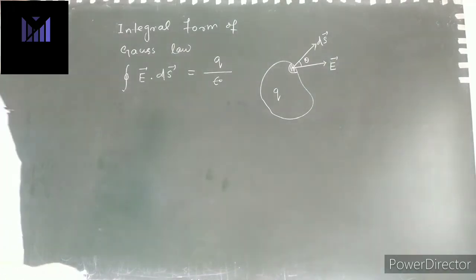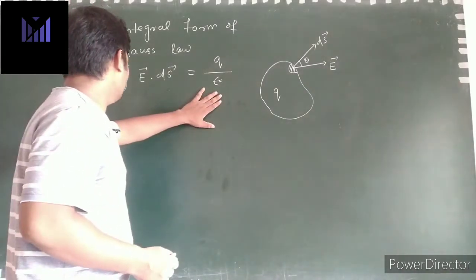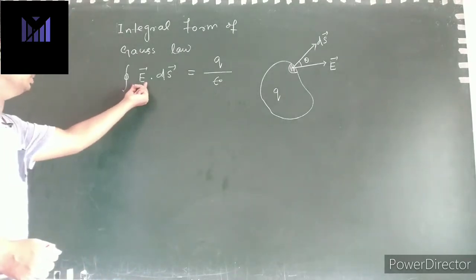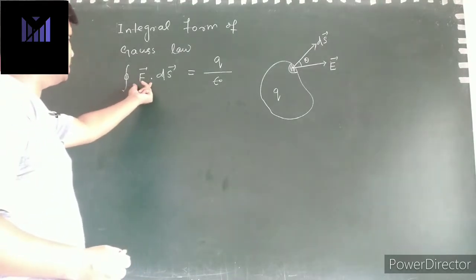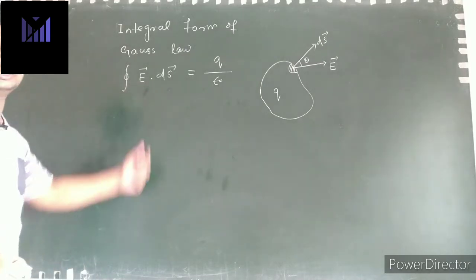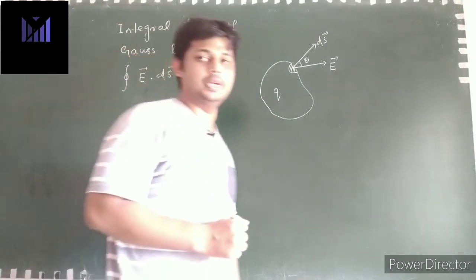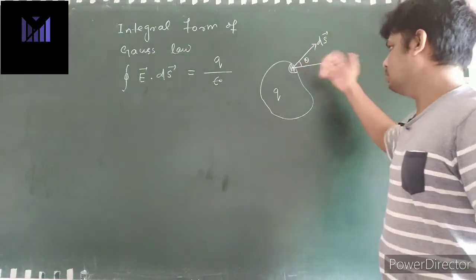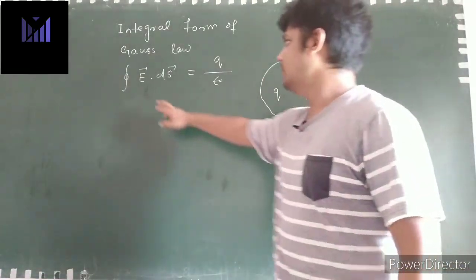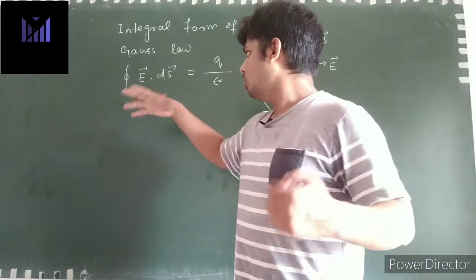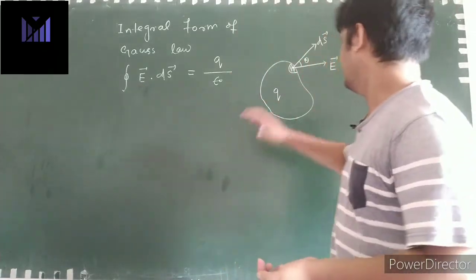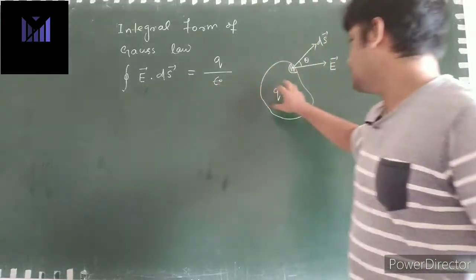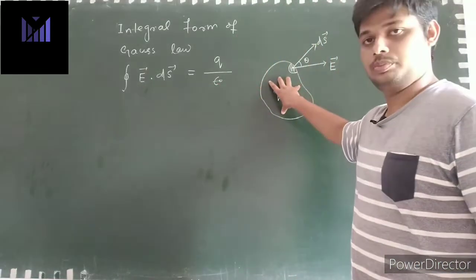In this equation we have to remember two things. The vector E appearing on the left side of the equation represents the electric field due to all the charges present in the whole space. This electric field is not due to only the charges enclosed in the Gaussian surface.